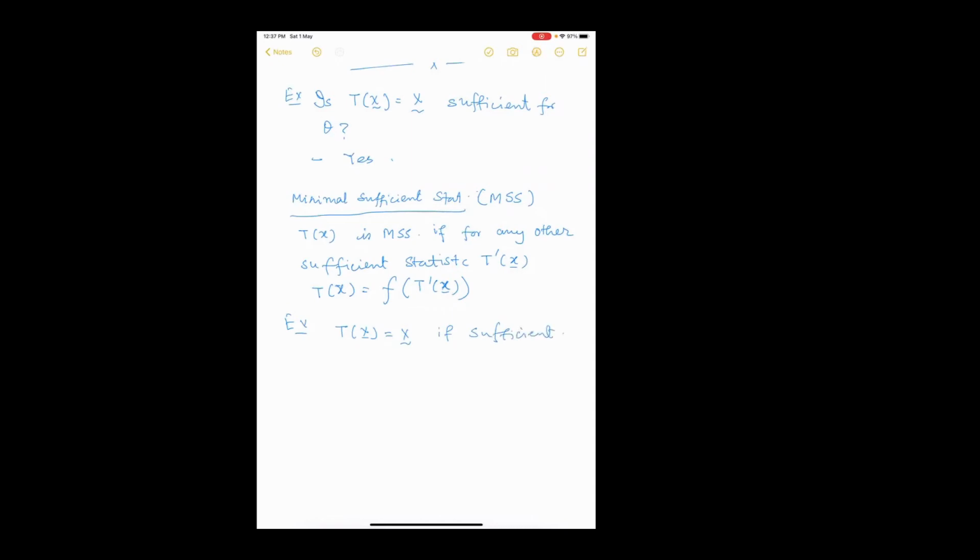If I can define a T dash of x tilde which is a one-to-one function of it, then it will contain effectively all the information. So if summation xi is sufficient, then x bar, which is summation xi by n, is also sufficient, and hence it is a minimal sufficient statistic.